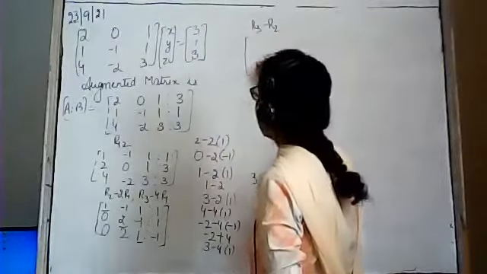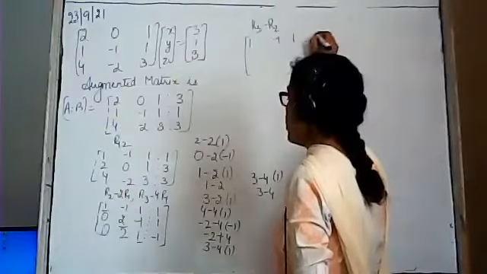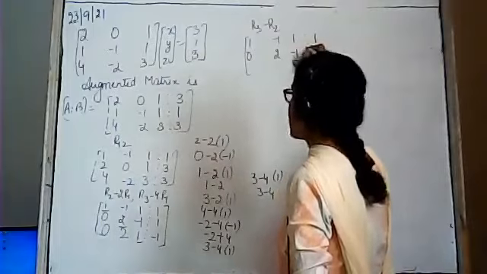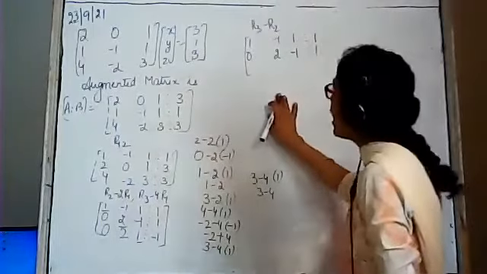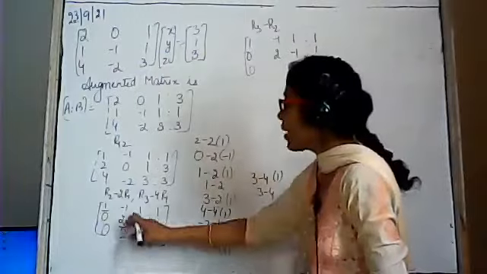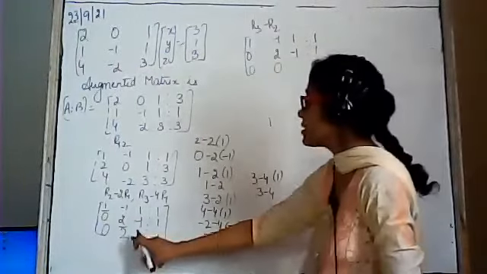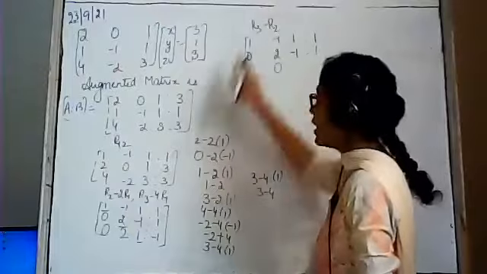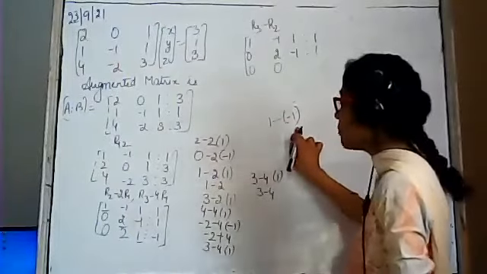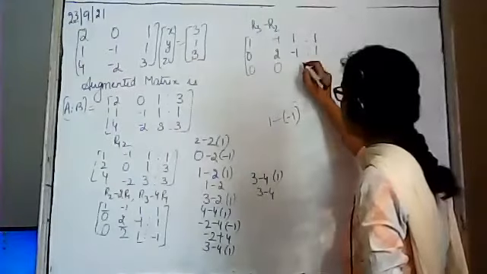First row will remain as it is, 1, minus 1, 1, 1. Second row will remain as it is, 0, 2, minus 1, 1. Now R3 minus R2: 0 minus 0, 0. 2 minus 2, 0. The element of R3 is 1, minus the element of R2 which is minus 1. It means 1 plus 1. It will be 2.